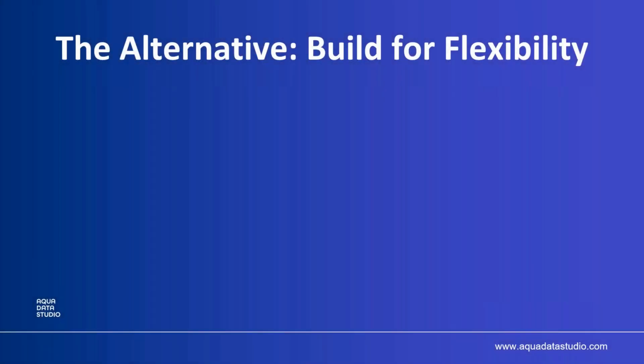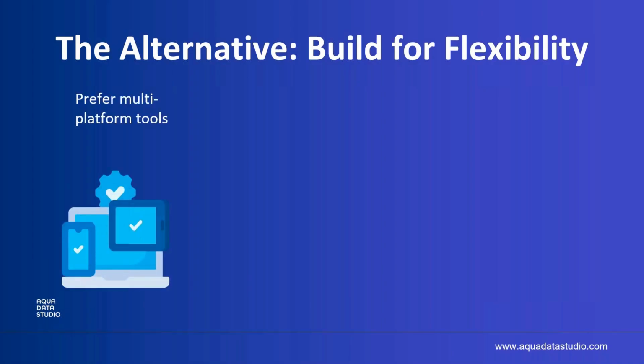And here we're going to introduce the alternative, the idea of building for flexibility. And the key point here is that flexibility is a design choice. You can create an environment that absorbs change rather than resisting it. This means choosing tools that support multiple platforms so you are not locked into one vendor.